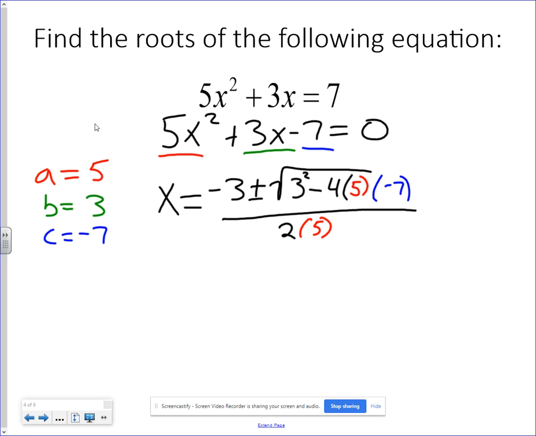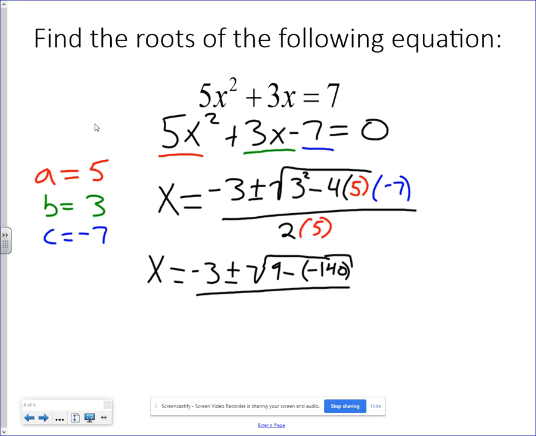So if we go ahead and start working to simplify this, we get x is equal to -3 plus or minus the square root of 9 minus 4 times 5 is 20, and 20 times -7 is -140, and that's all over 2 times 5 is 10.